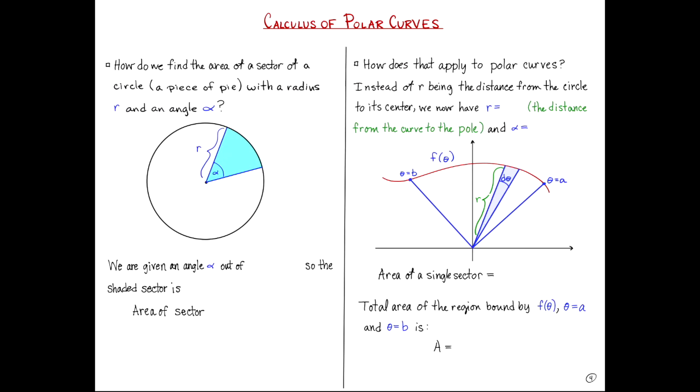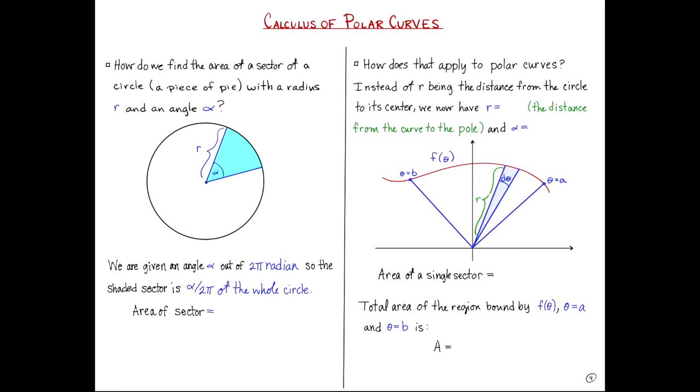Back to geometry. Let's say that we have a circle with a radius of r and an angle of alpha. We know that when you go around the entire circle, that's 2 pi radians. So alpha is out of a total of 2 pi radians, which means that the shaded part of the sector is alpha over 2 pi of the whole circle.